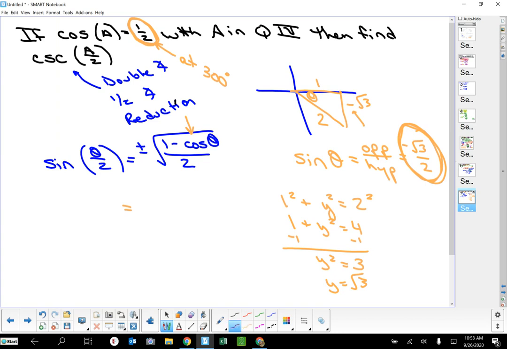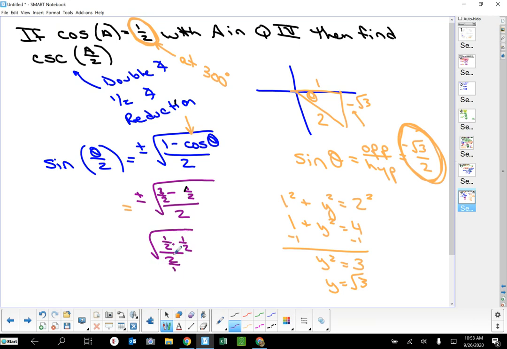All right, so here's the deal. We're going to plug in plus or minus the root of 1 minus cosine of theta, which is a half, we know that, over 2. Now you've got to do some math here. So the 1 turns into 2 over 2. 2 halves minus 1 half is 1 half. So I have 1 half over 2. Well, now I can do a keep, change, flip, and then multiply.